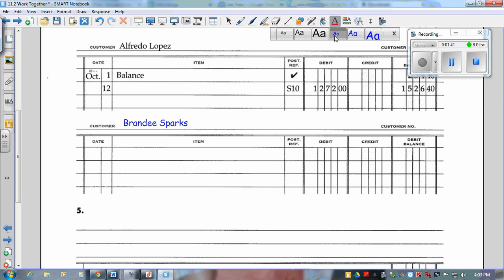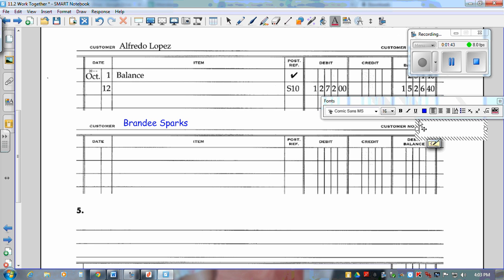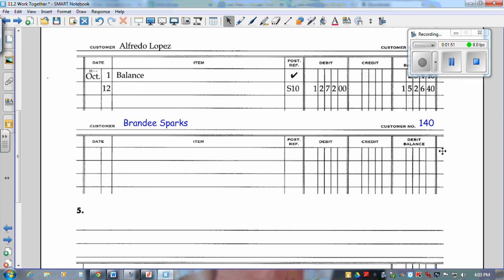And then the customer number, it says, is 140. The new balance on October 1st of the current year is $212.